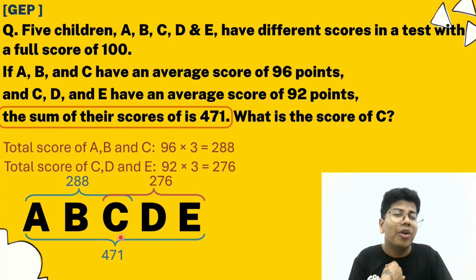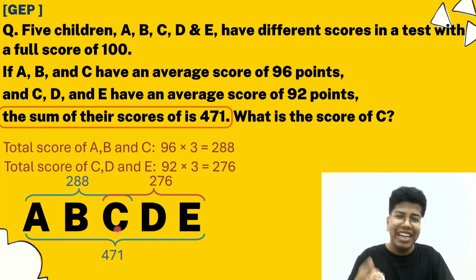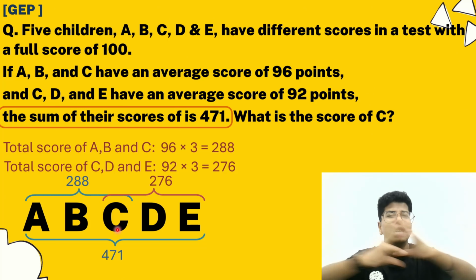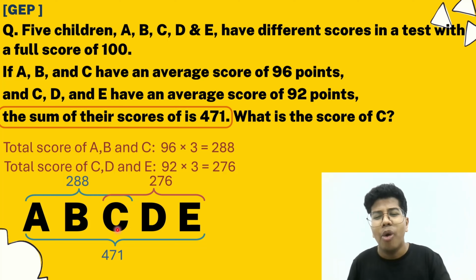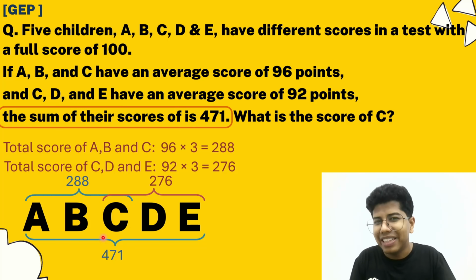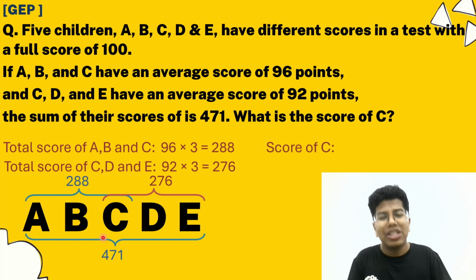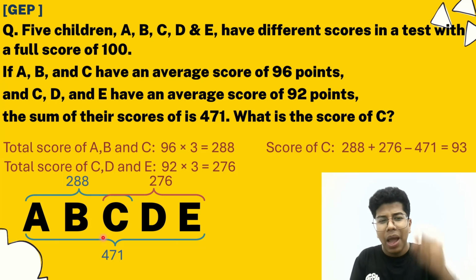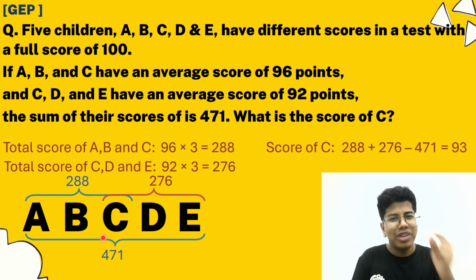So how to find the value of C? Yes, we can find it just by adding 288 and 276, then removing 471. So if I write it down, the score of C is nothing but 288 plus 276 minus 471, which is equal to 93.